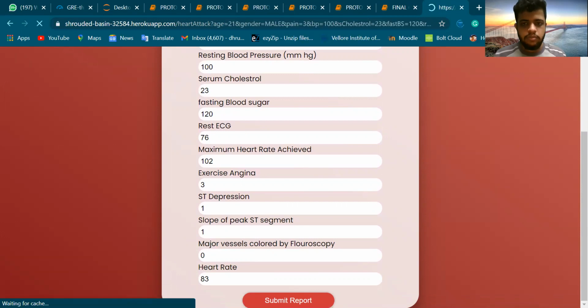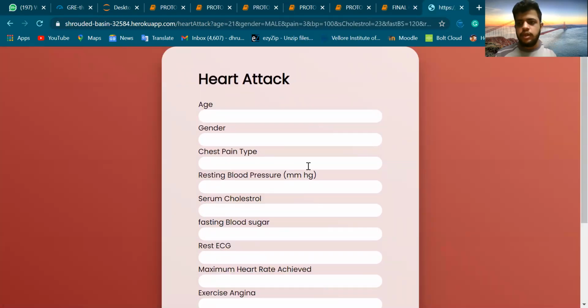And as soon as he submits the report, our machine learning model will give him the right outcome. So this is our whole project and our future prospects, where we are moving ahead and taking this project to the next levels and next categories.